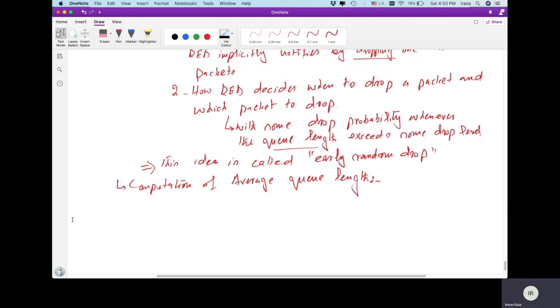Okay, so RED computes the average queue length using this formula.